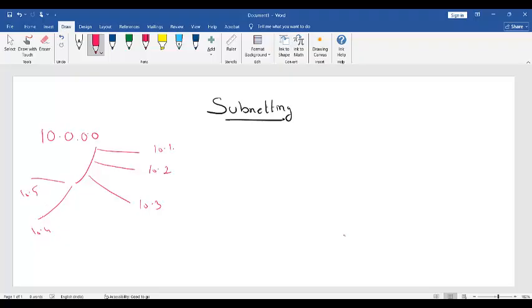You see? But the mask will vary. The reason is, in this, the default mask is /8, because only this bit is meant for network. Now we have given even the next octet, so the mask will become 16.